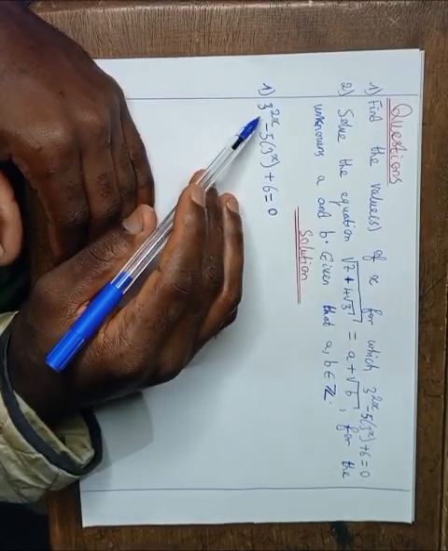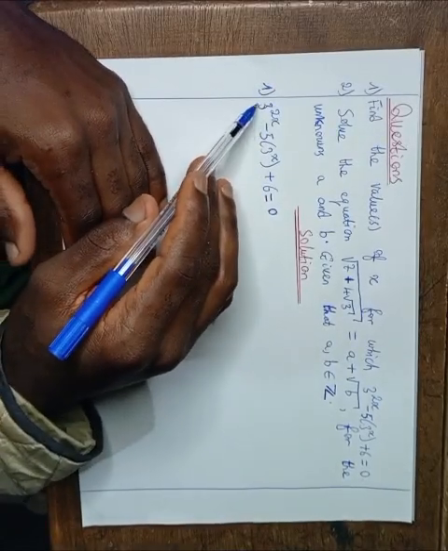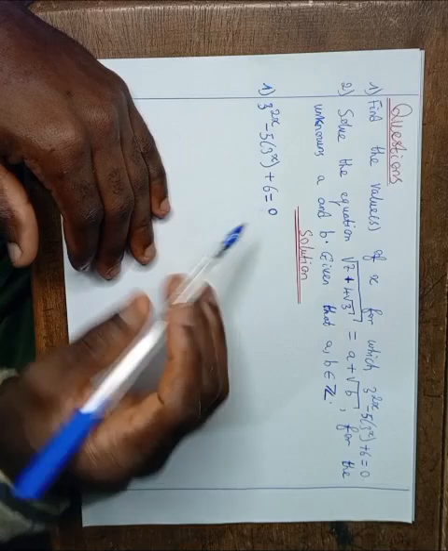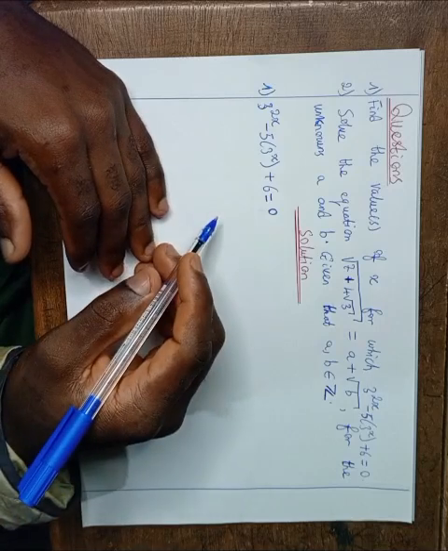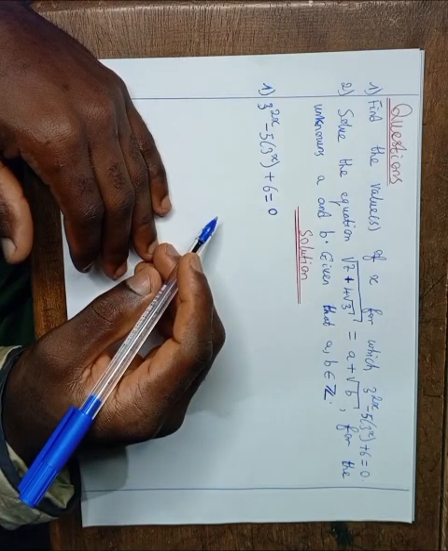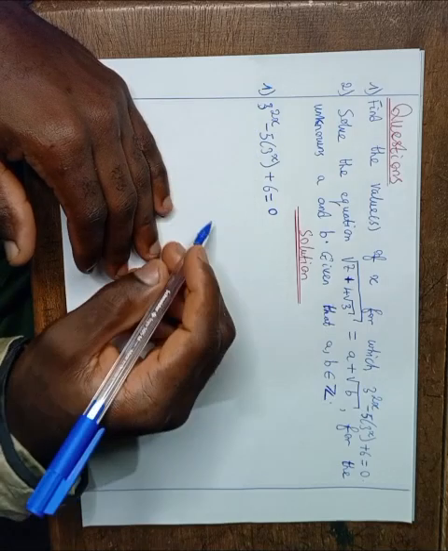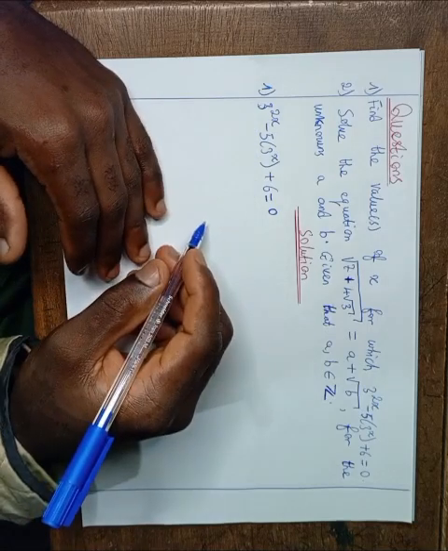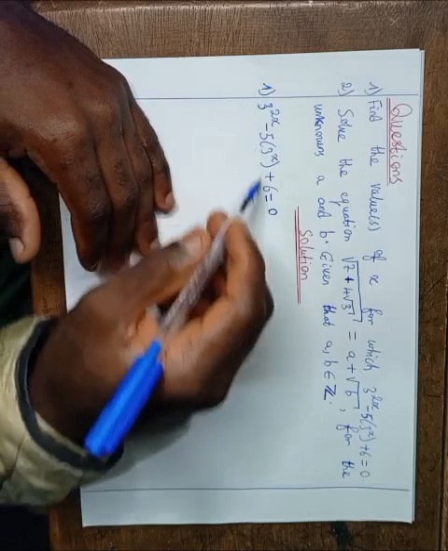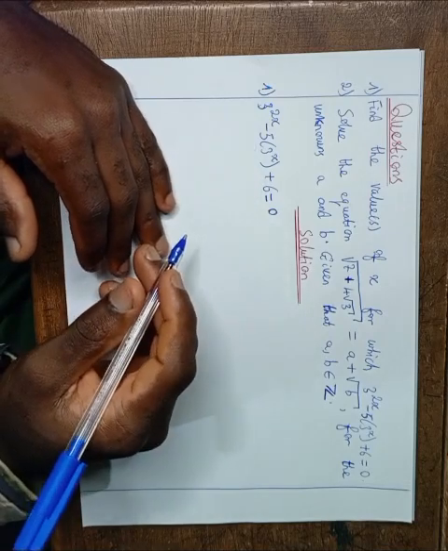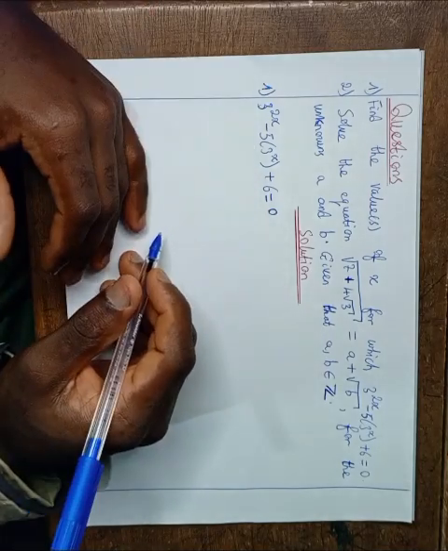I know most of you will be able to identify this equation as a quadratic equation. For those of you who cannot see that this is a quadratic equation, I'm going to express this equation in a form that can be easily seen by everyone.